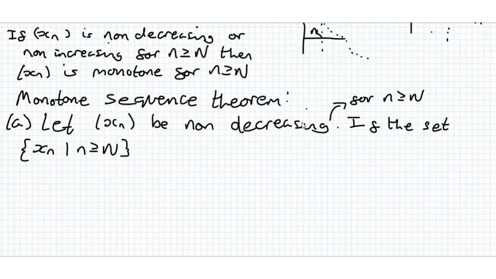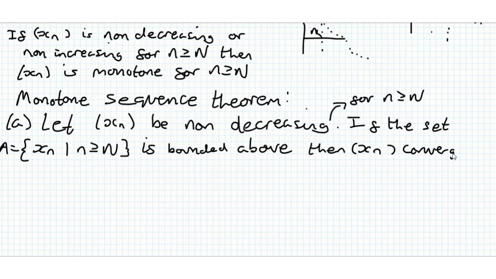Okay, so for n greater than or equal to N, the set of xn's beyond this integer N is bounded above, then, let's give this set a name, we'll call it A, is bounded above, then xn converges to what we call sup A, or the supremum of A.